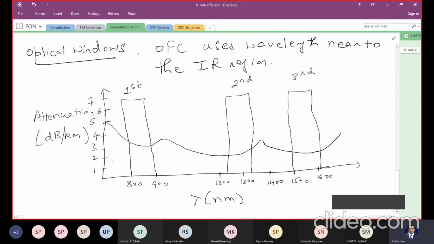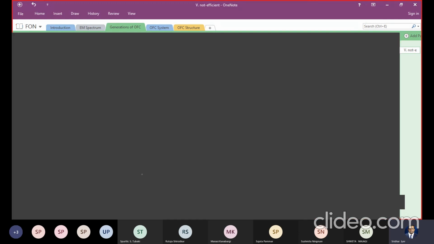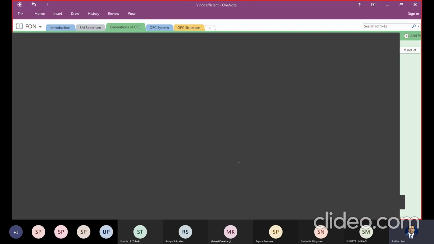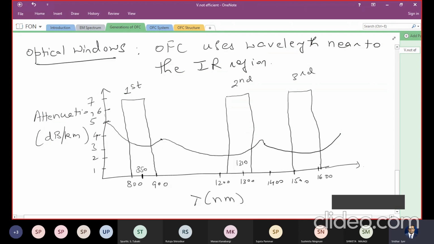Now, what is important to note in these windows is the center wavelength. So between 800 and 900, the center wavelength is 850 nanometer. If you recollect, the first generation operated at 850 nanometer. So that is the center wavelength, right? The second window is somewhere around 1310 nanometer. That is the center wavelength.